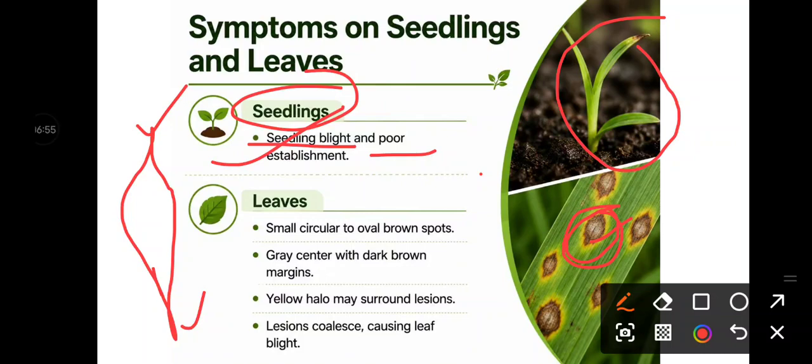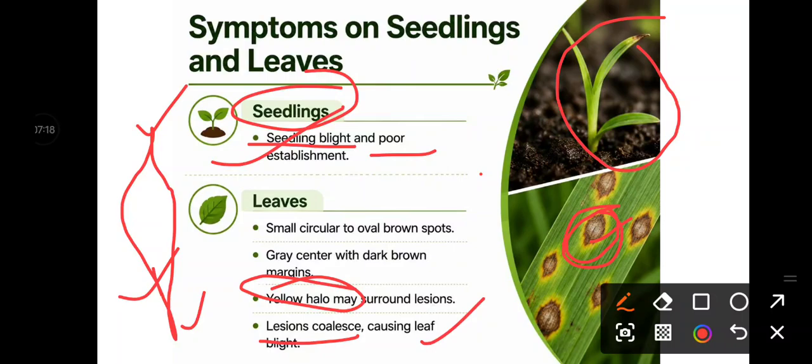Here in case of brown spot, the spots are circular to oval shape, brown margin with grayish center, and a yellow halo is there. In case of rice blast, yellow halo was not there. Then the lesions may coalesce, causing leaf blight.